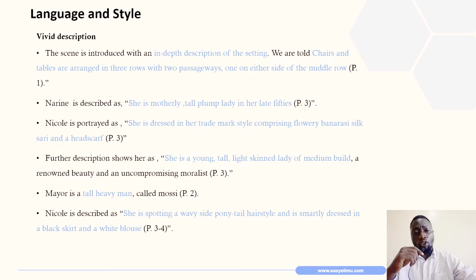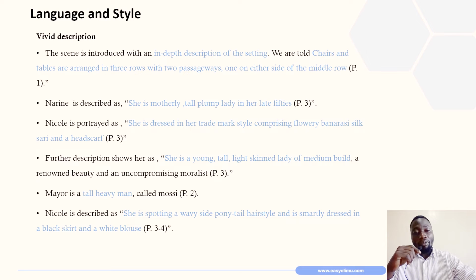So Nicole is portrayed as dressed in her trademark style, comprising flowery Banarasi silk sari and a headscarf. Further description shows Nicole as a young, tall, light-skinned lady of medium build, a renowned beauty, and an uncompromising moralist.